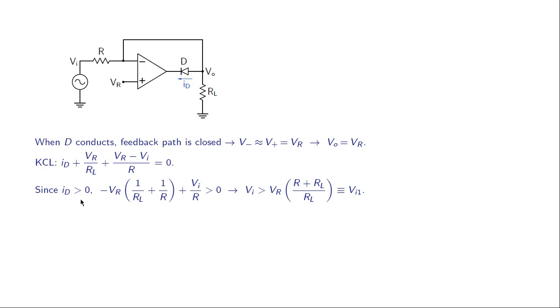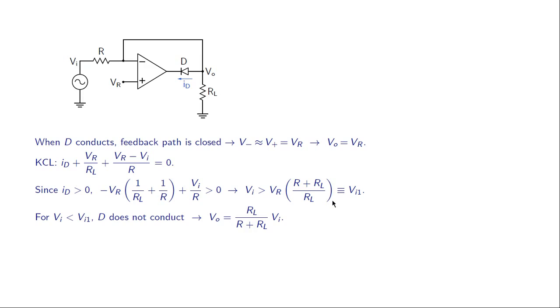Now, since the diode current can only be positive, we get this condition, minus VR times 1 over RL plus 1 over R plus Vi by R greater than 0, and that implies that Vi must be greater than VR times R plus RL over RL. Once again, let us define this quantity as Vi1, and since this factor is greater than 1, Vi1 is generally greater than VR.